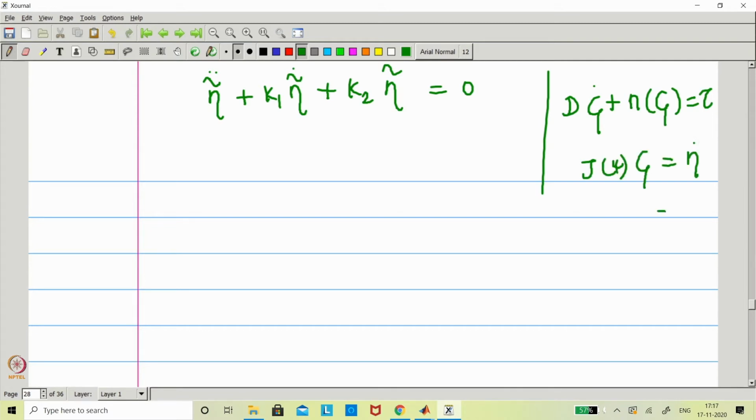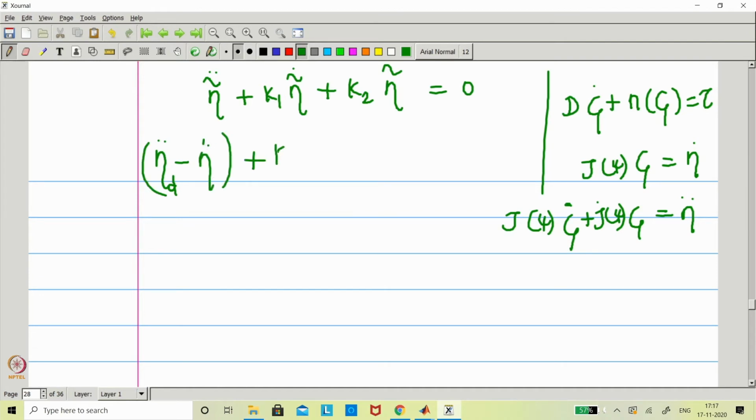Then I differentiate this, and I will get J of psi eta double dot plus J dot of psi eta dot, right. These are available. I am trying to recall this. So, what I did was this. I am just rewriting this as it is, and then I can resubstitute it in this form. I will rewrite that.